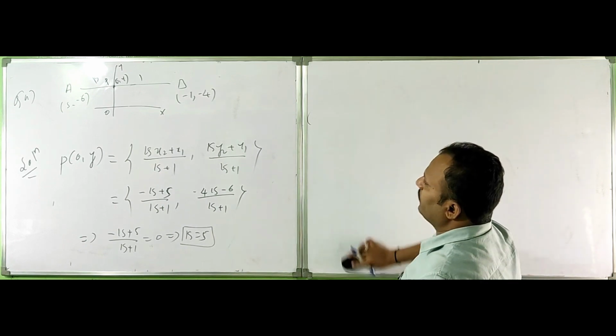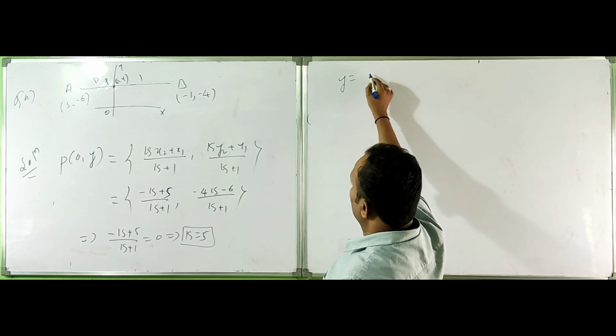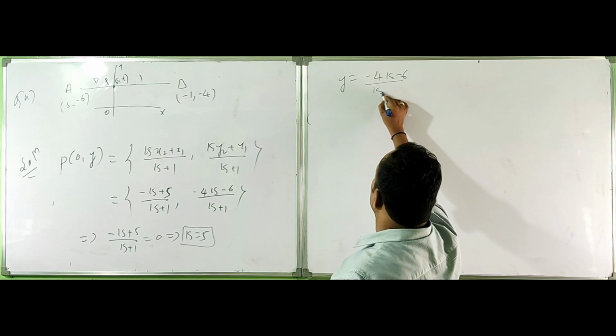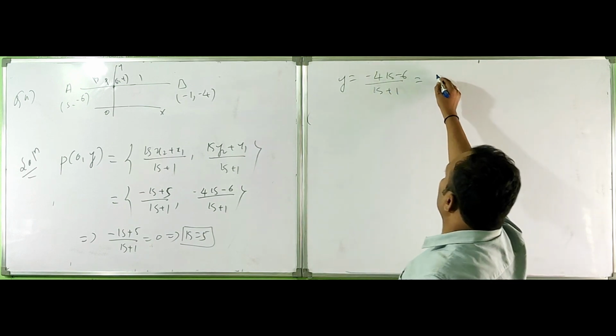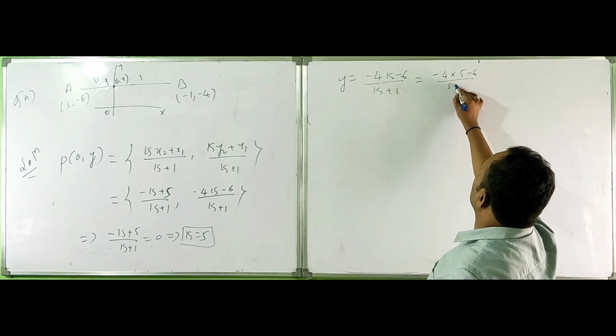Now put the values in this equation. So y is equal to (minus 4k minus 6) divided by (k plus 1). This is minus 4 into 5 minus 6, divided by 5 plus 1.